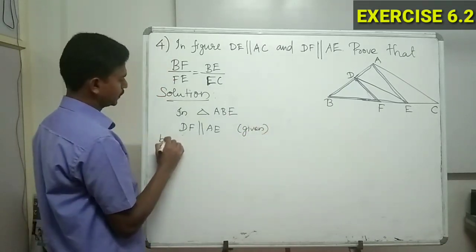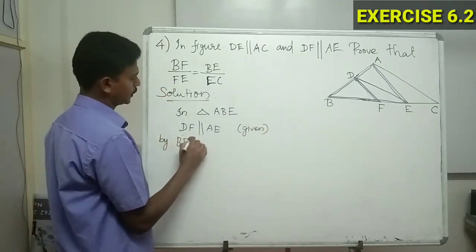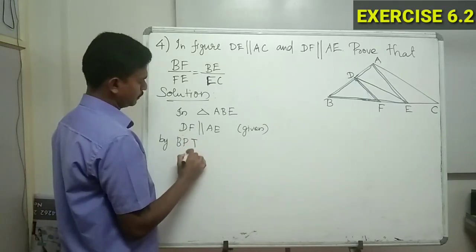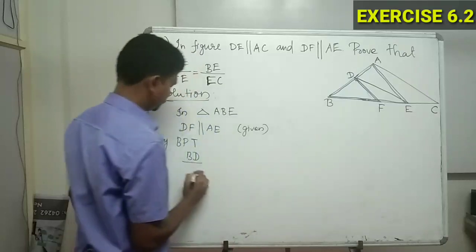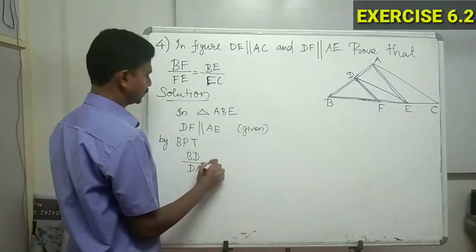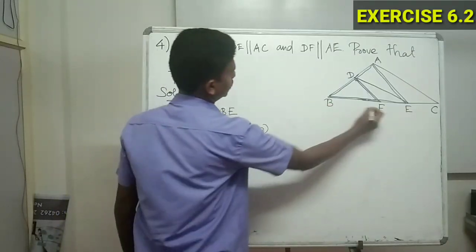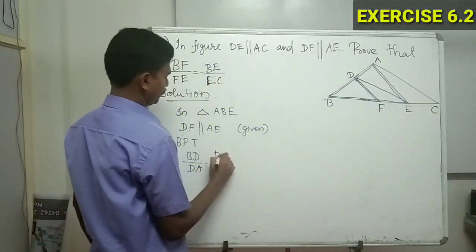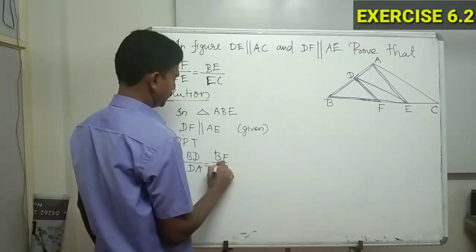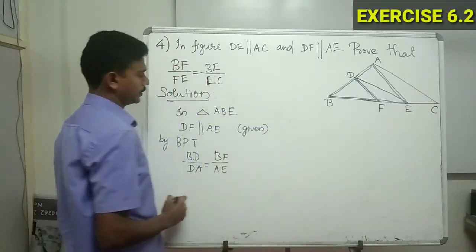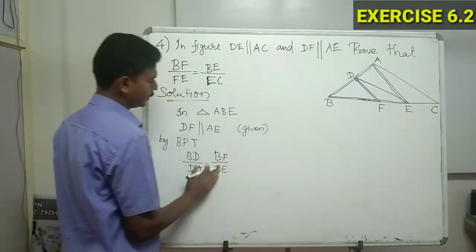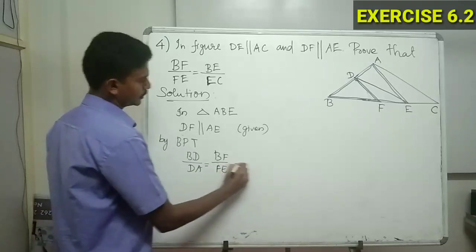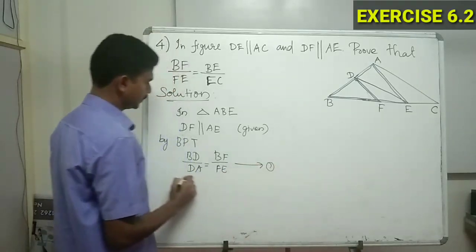So by basic proportionality theorem, BD by DA is equal to BF by FE. This we can take as equation 1.